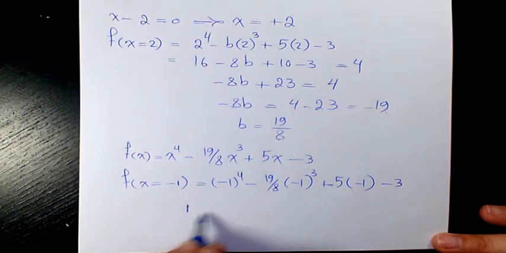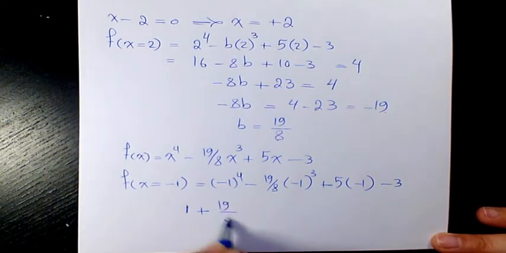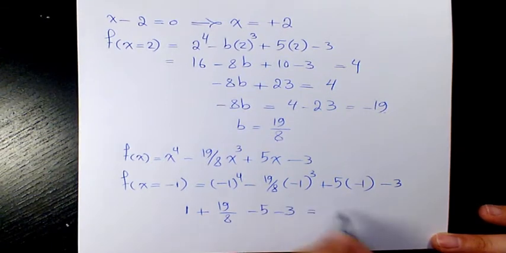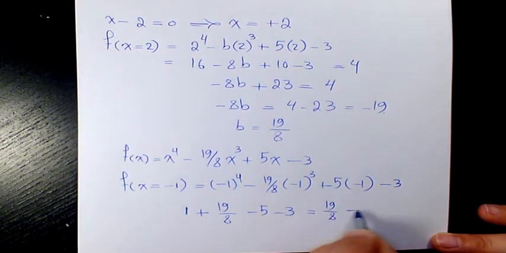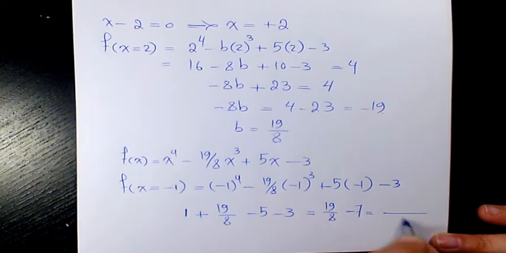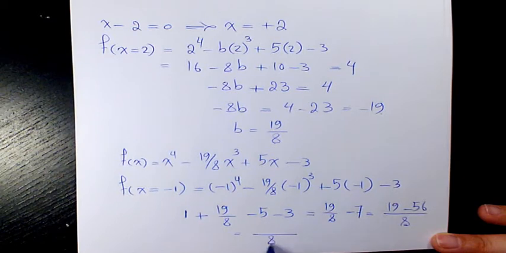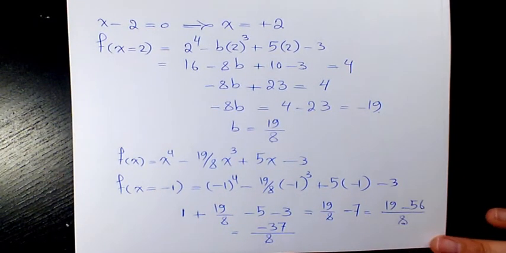That's going to be 1 plus 19 over 8 minus 5 minus 3. That's going to be 19 over 8 minus 7. So we have a common denominator. That's going to be negative 37. So the remainder when we divide by x plus 1 is negative 37 over 8.